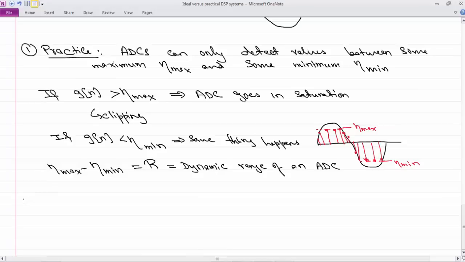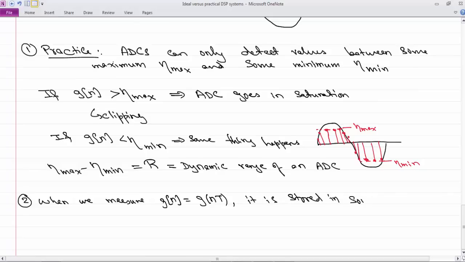Now there is another issue with ADCs, which is not so much an issue with the ADCs, but the fact that when you are doing digital systems, whatever value you record, so when we measure Gn, which is G of nT, at the end of the day, we want to store it inside a computer or some sort of digital system.